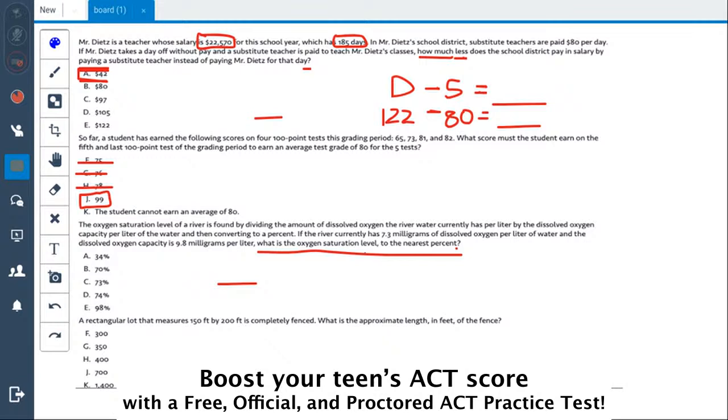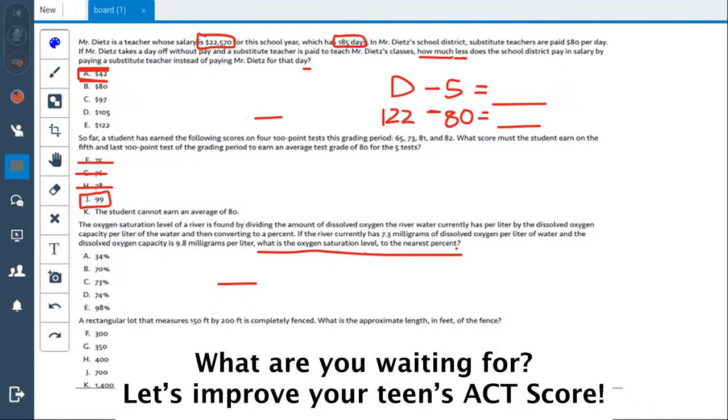You have the first thing, dissolved oxygen the river water currently has, and you divide it by the dissolved oxygen capacity per liter of water, and then converting it to a percent. Okay, so we'll take this fraction, whatever it is, and then convert it into a percent.